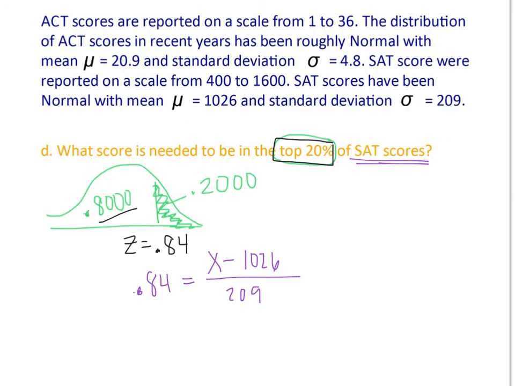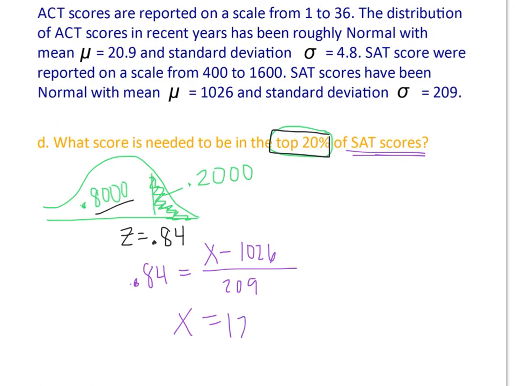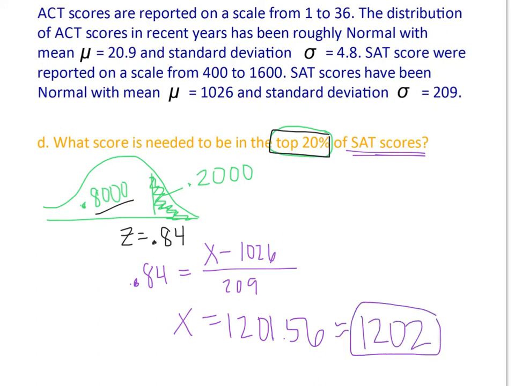And when I do the cross multiplication, I get that x equals 1201.56, or about a score of a 1202. So a score of a 1202 would be the top 20th percentile for SATs. And I used my table and I used z-scores to help me get to my final answer.